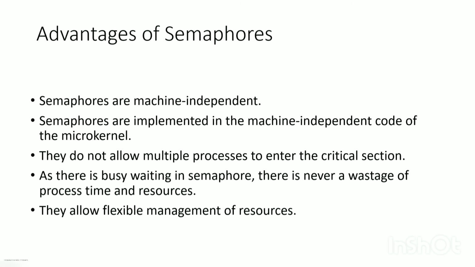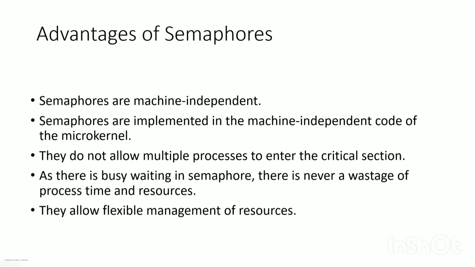Next, let us discuss some advantages of semaphores. Semaphores are machine independent. Semaphores are implemented in the machine independent code of the microkernel. They do not allow multiple processes to enter the critical section. That is the main function or usage of semaphore. They can be used for inter-process communication and synchronization, mainly synchronization.